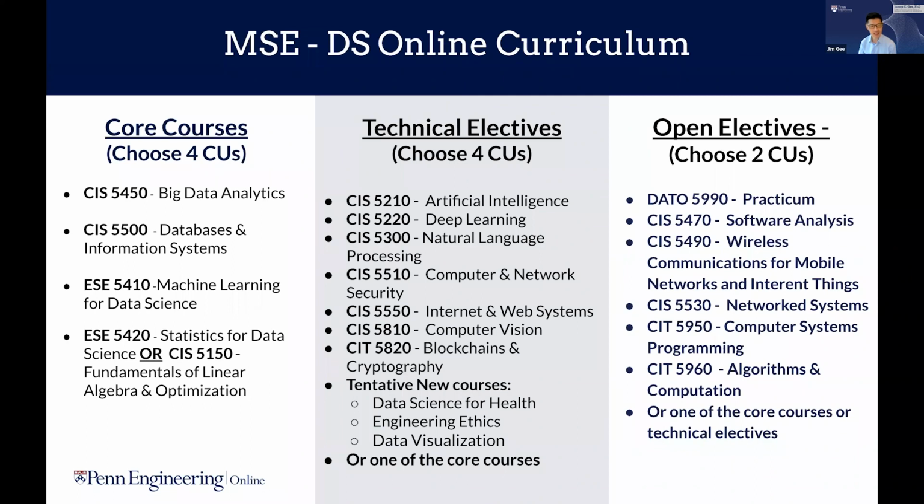ESE 5410, machine learning for data science. Machine learning has been essential to the success of many recent technologies, including autonomous vehicles, search engines, genomics, automated medical diagnosis, image recognition, and social network analysis, among many others.